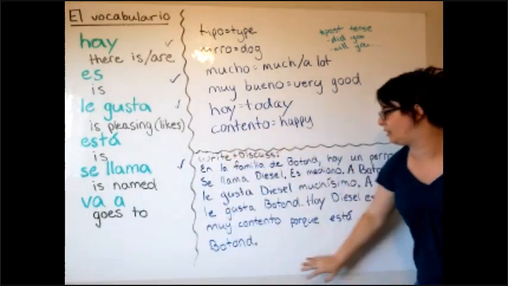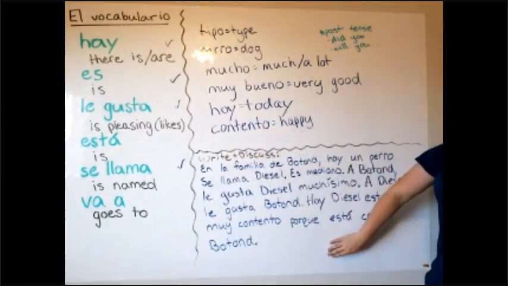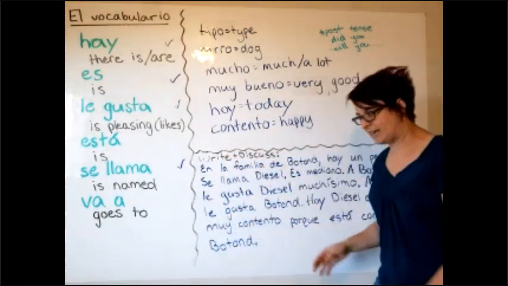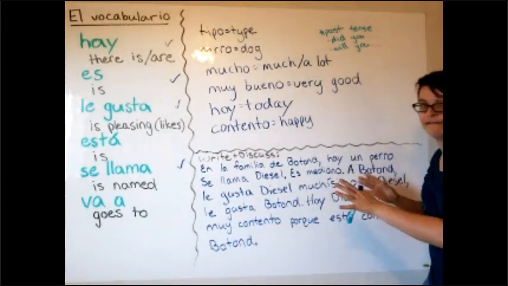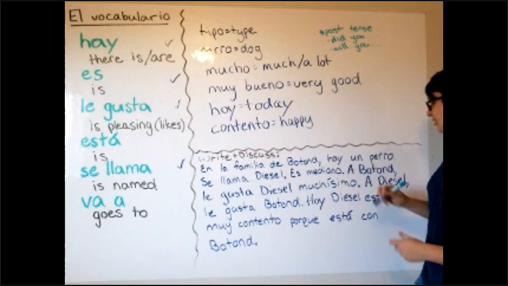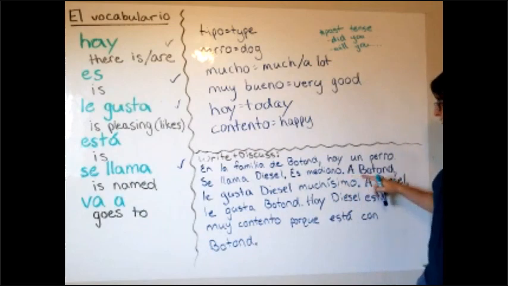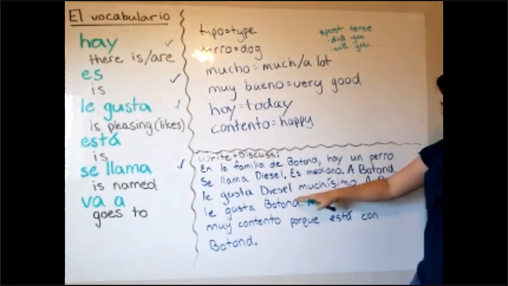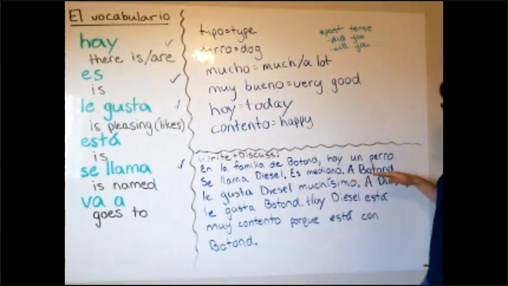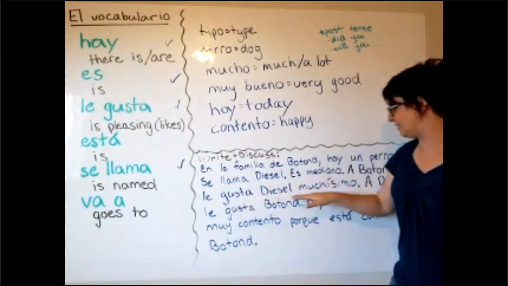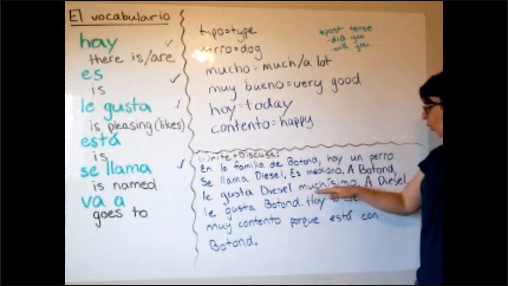I would use this to explain those little grammar things and ask, hey, does anybody have questions about why I wrote it this way? Are there any things you're wondering what the heck is going on? Here, let me read it word for word. But when we say it, Botond likes Disucss a lot.